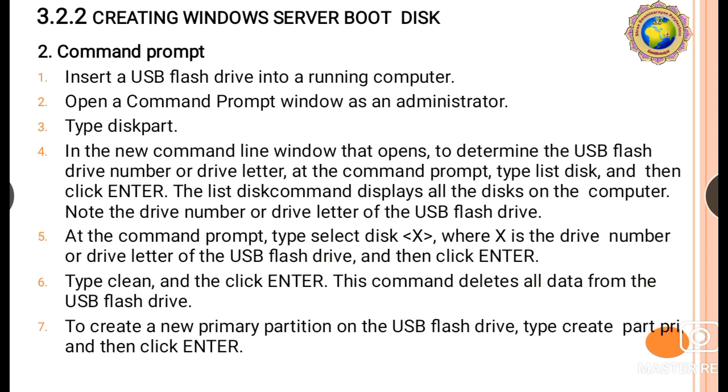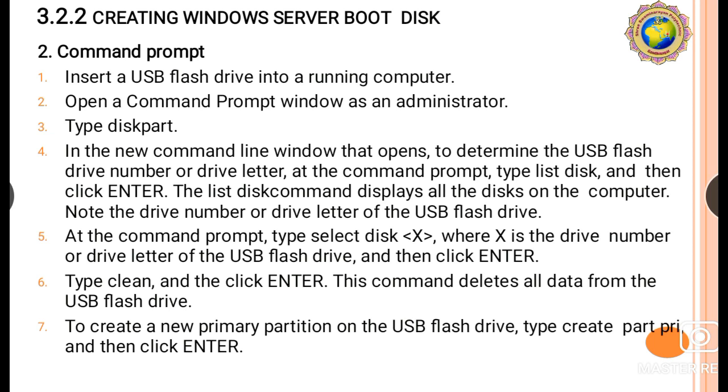Open a command prompt window as administrator, type diskpart, and in the new command line window that opens, to determine the USB flash drive number or drive letter, at the command prompt type list disk and then press enter. The list disk command displays all the disks on the computer; note the drive number or drive letter of the USB flash drive.